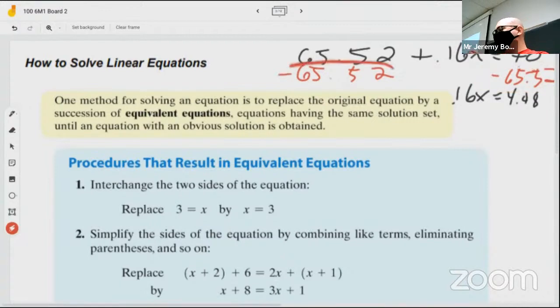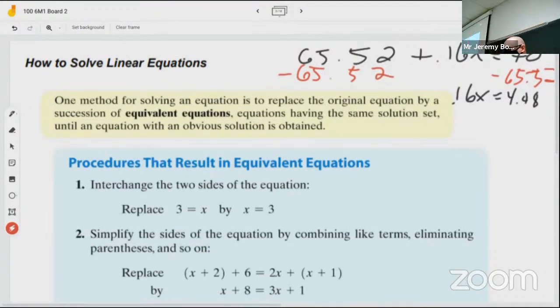If I subtracted 65.52 from this side but didn't subtract it from this side, this is no longer equal. So that's what we're talking about when we're talking about finding equivalent equations: we're doing the same operation to both sides, so that it retains its equality relationship between the two sides of the equation. That's what the whole thing is, for any equation and for inequalities when we get to that.